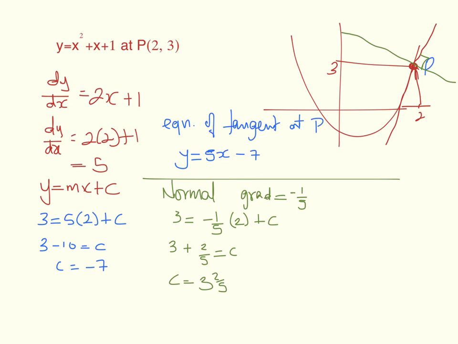Now all we need to do is finish writing the equation of the normal, which is going to be y is equal to minus a fifth x plus, let's change that 3 and 2/5 into an improper fraction, which is going to be 17 over 5.